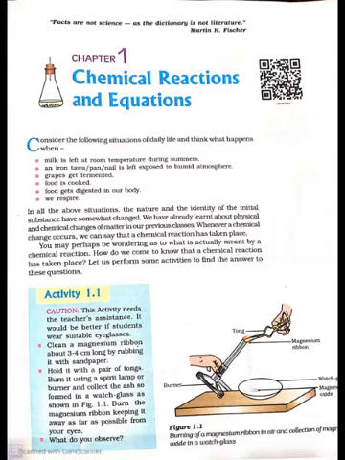Page number 13. In reaction 1.31, carbon is oxidized to CO and ZnO is reduced to Zn. In reaction 1.32, HCl is oxidized to Cl2 whereas MnO2 is reduced to MnCl2.